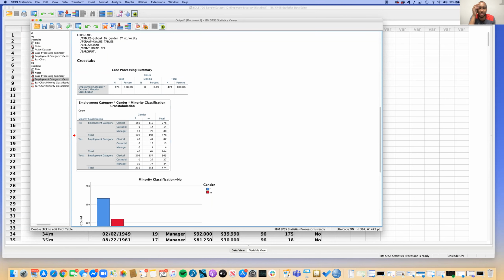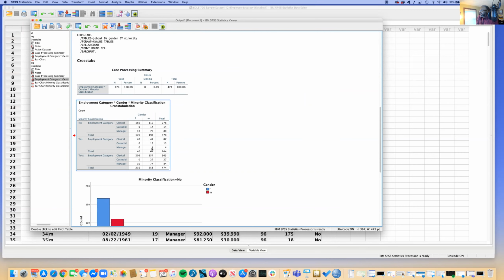I was like, non-white equals minority. Let me just go with minority. I don't like using the term minority. I was lazy and didn't change it in the data set. So minority clerical women is 40.